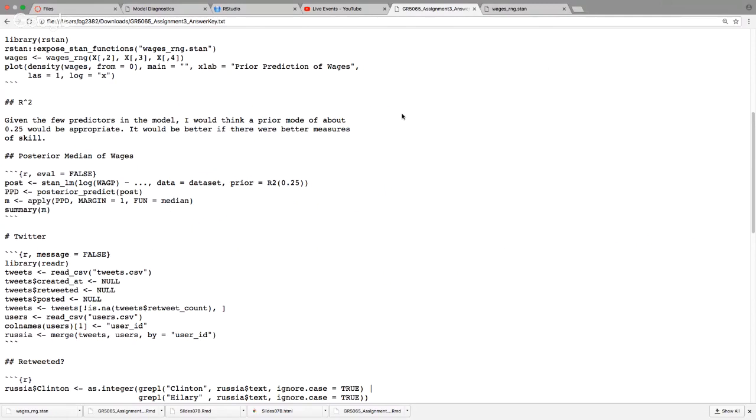But wages and salaries, a couple 100,000 certainly happens for 1 or 2% of people, but getting way out into 500,000, 1 million, certainly something that is very rare but not impossible. So your predictions should be putting a little bit of prior probability on that.